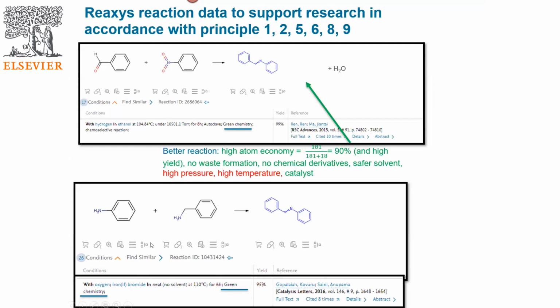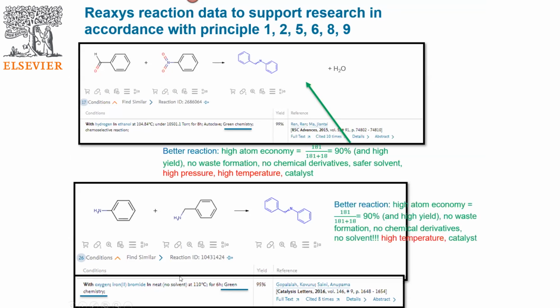and with quite an easy catalyst. So again, the atom efficiency is quite high, only water is formed, yield is quite high, no waste, no chemical derivatives, and even no solvent, but unfortunately still high pressure.